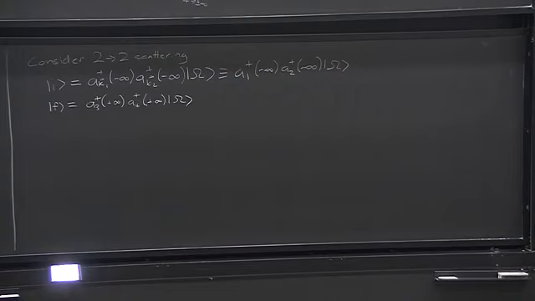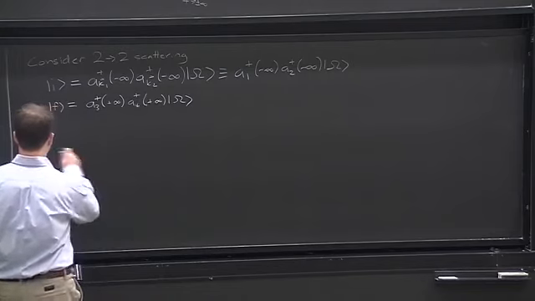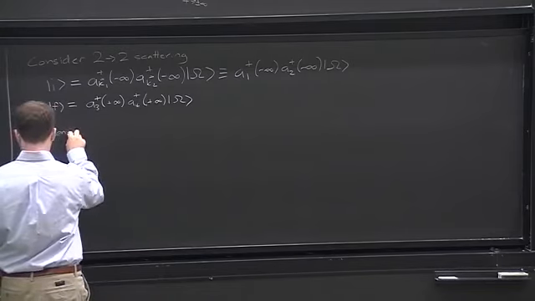So most of the work in deriving the LSZ formula is in showing the following identity. So first I'll write it and then I'll justify where it comes from.